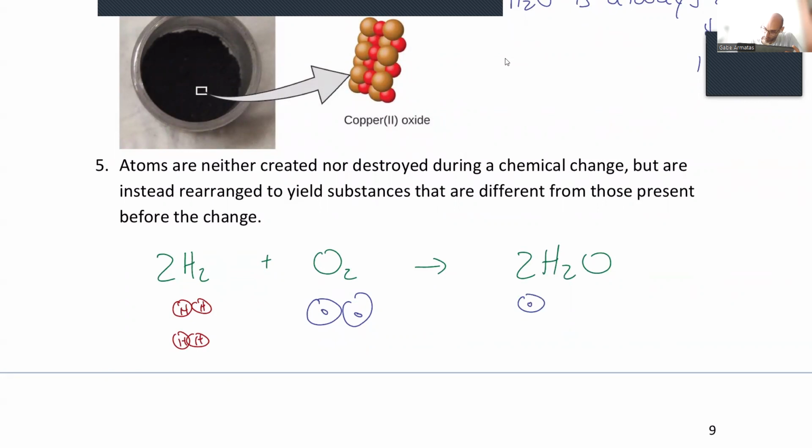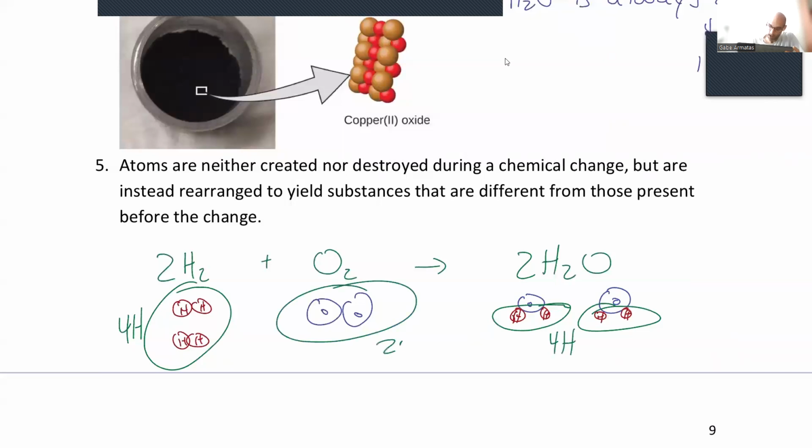So here's my oxygen, and I have 1, 2 hydrogens, 1, 2 hydrogens. You get the gist. What you notice on the left is I have a total of 4 hydrogens. On the right, I have 4 hydrogens, 2 oxygens.